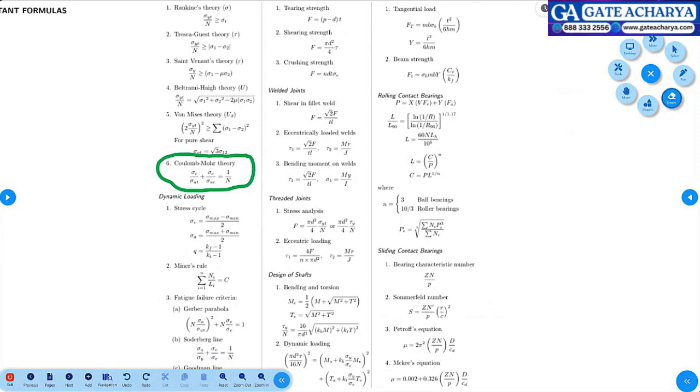But this author is using sigma V as sigma A. Sigma V means the amplitude of the varying stress, whereas sigma A means the mean part, average. So you can say that sigma A is equal to (sigma max plus sigma min) by 2. Sigma V means (sigma max minus sigma min) by 2.